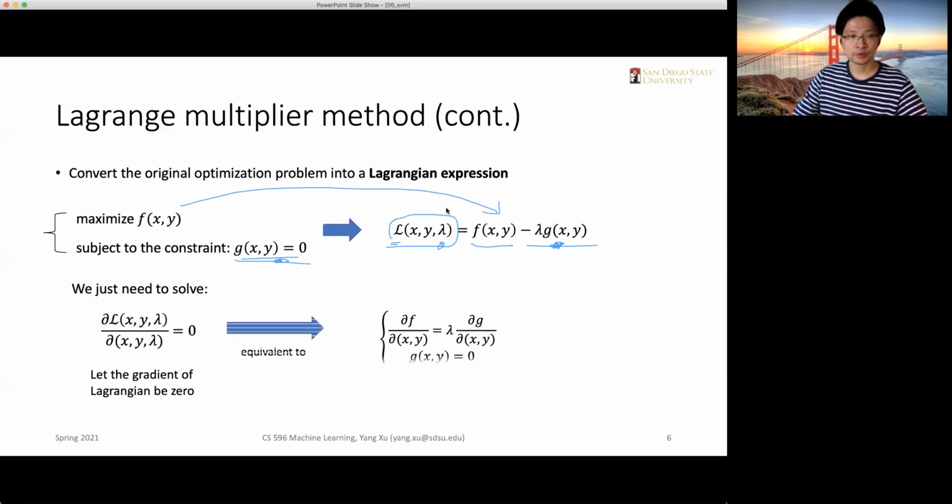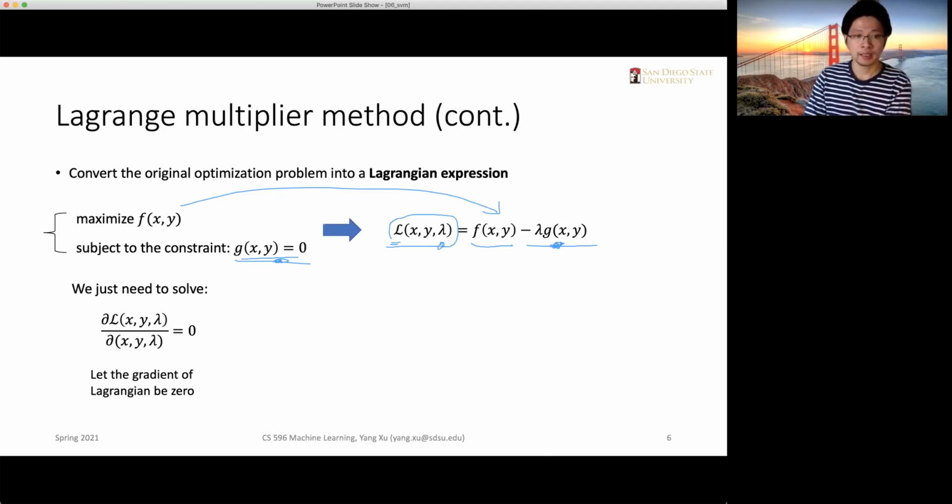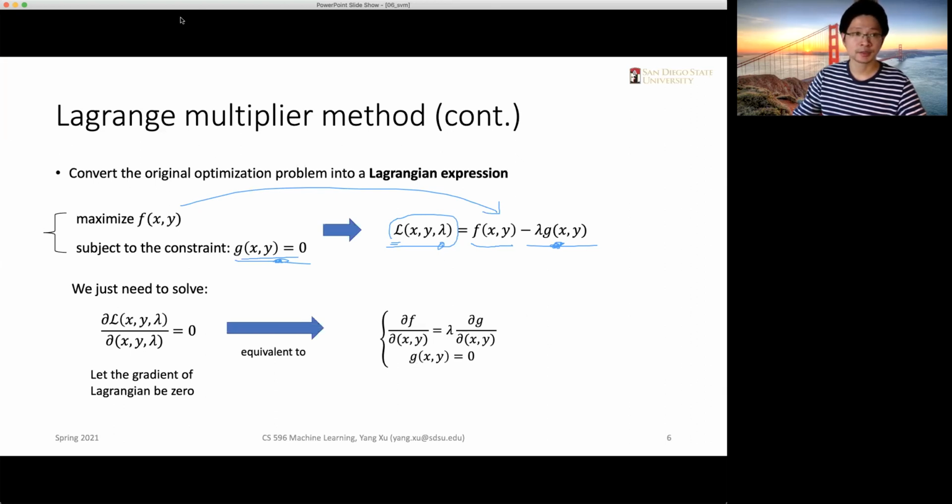What we can do is take the derivatives of the Lagrangian and make the derivatives 0. Because this will satisfy two conditions. If you take the derivatives of this Lagrangian, it is equivalent to satisfying both conditions. The first condition is the parallel contour condition: G's gradient is parallel with F's gradient.